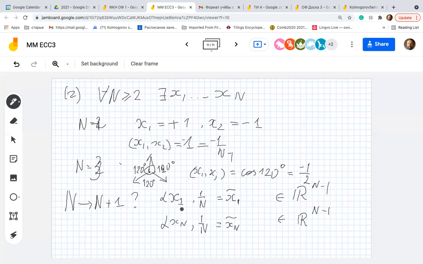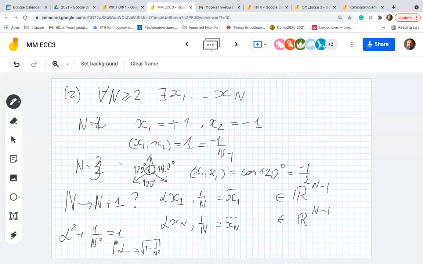Alpha is chosen so that the length of this vector is again 1. The square of the length is alpha squared plus 1 over n squared, and if we want this to be equal to 1, we need to choose alpha equal to the square root of 1 minus 1 over n squared.